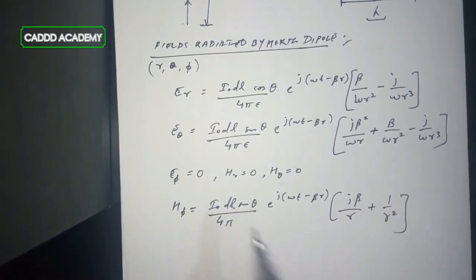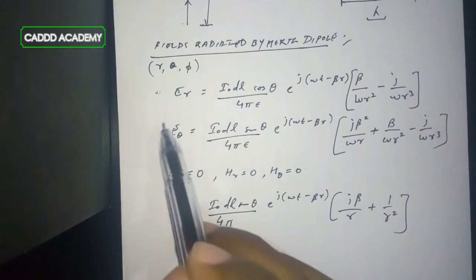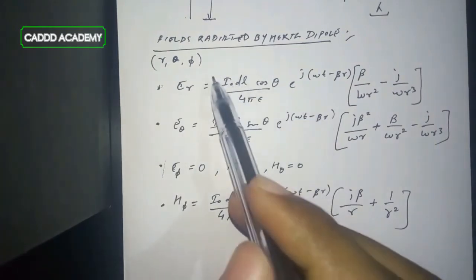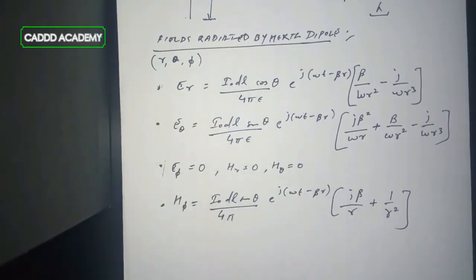These are the fields radiated by the Hertz dipole. Those three are zero, and only these three fields are generated by the Hertz dipole.